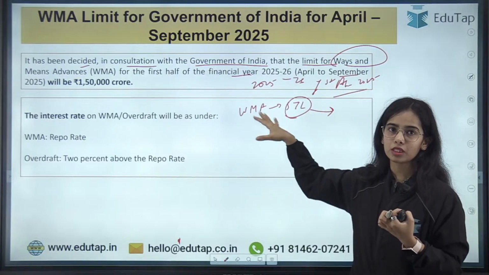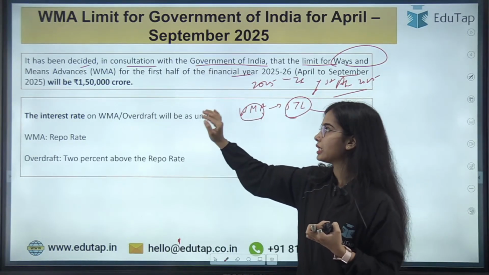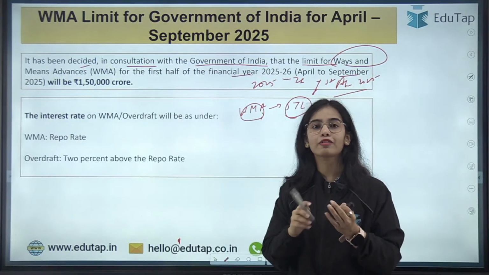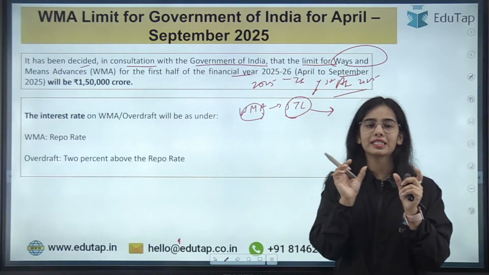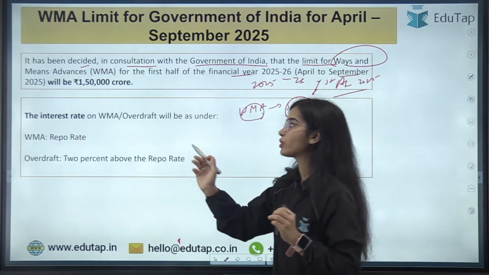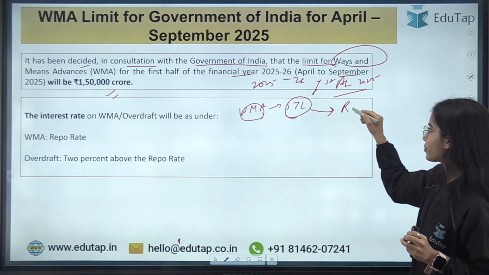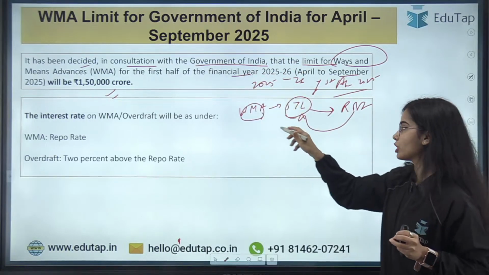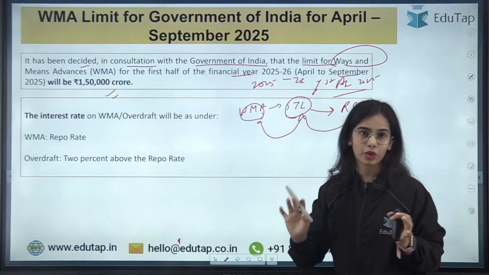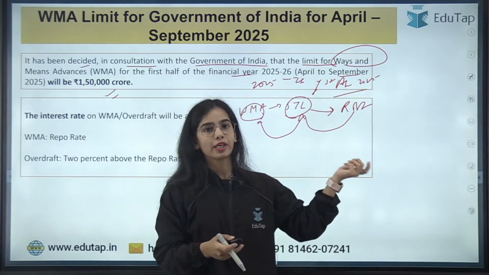Okay, so the RBI has decided in consultation with the government that for the first half of the new financial year, the limit for the ways and means advances loans will be 1,50,000 crores. So RBI will be providing short-term loans up to this limit to the government under the ways and means advances. Okay, so these are the short-term loans, that is up to a timeline of 90 days.